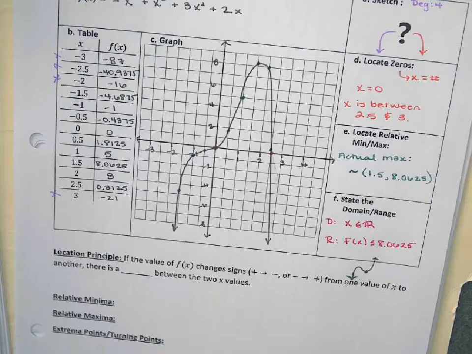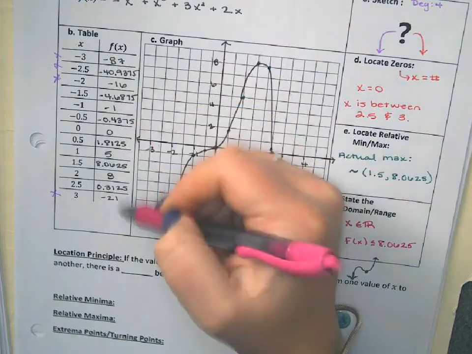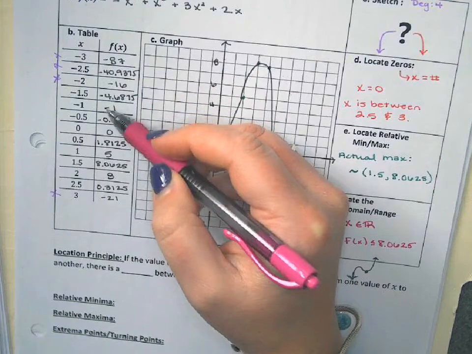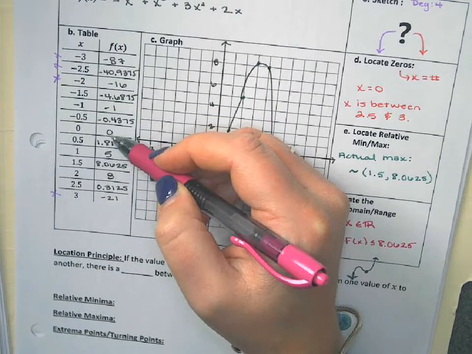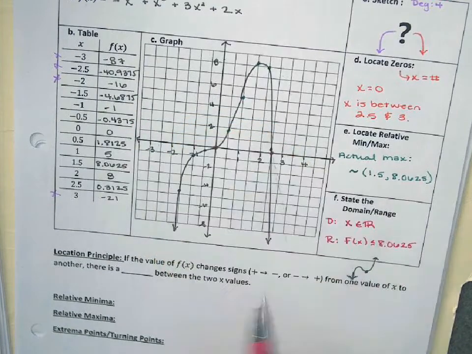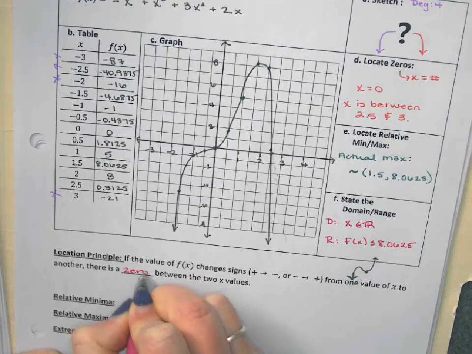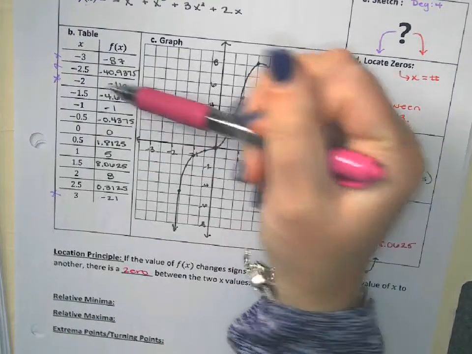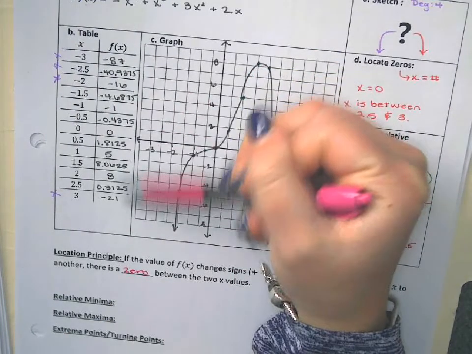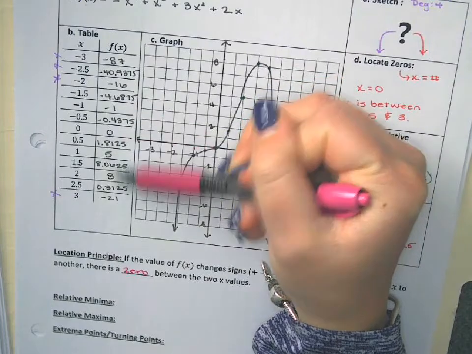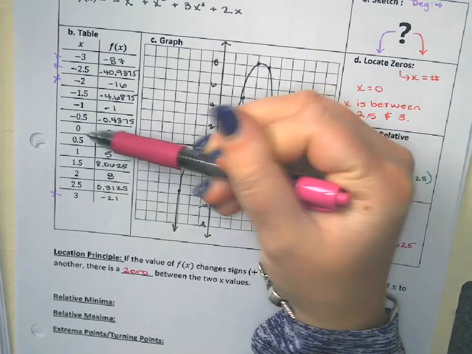The location principle says if the value of f of x changes sign. So let's look at what that means. In our table, we went from having negative signs to 0, or a positive sign. So if you go from a positive to a negative, or a negative to a positive, from one value of x to another, there is a 0 between the two x values. So on our y values, if we go from negatives to positives, obviously it has to pass through 0 in there.